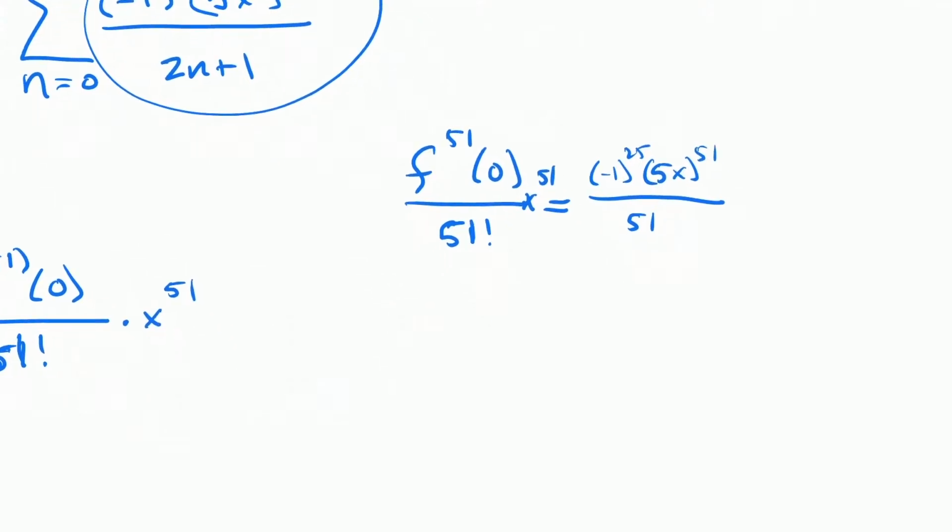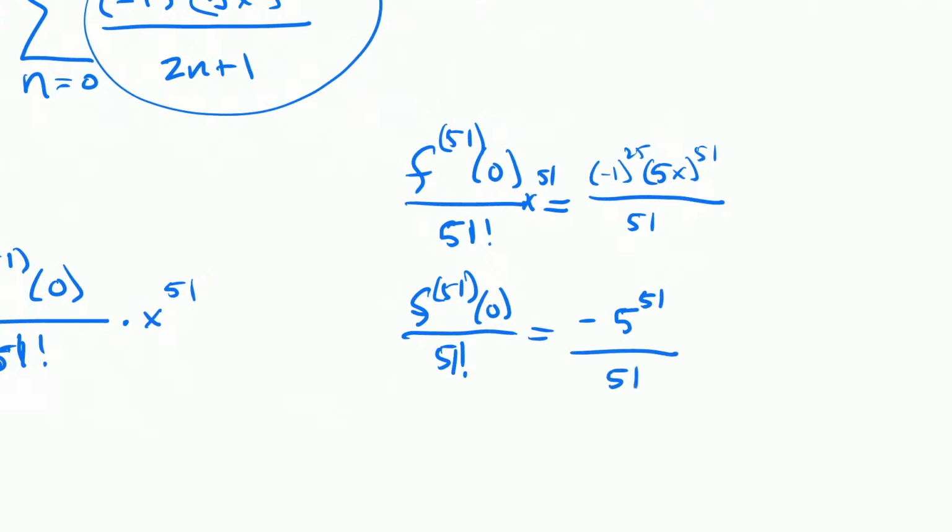So check this out. We get f to the 51st derivative evaluated at 0 over 51 factorial should equal negative, because negative 1 to the 25th is negative 1, 5 to the 51st, all over 51. I'm going to drop the x to the 51st power because I only care about the coefficient.